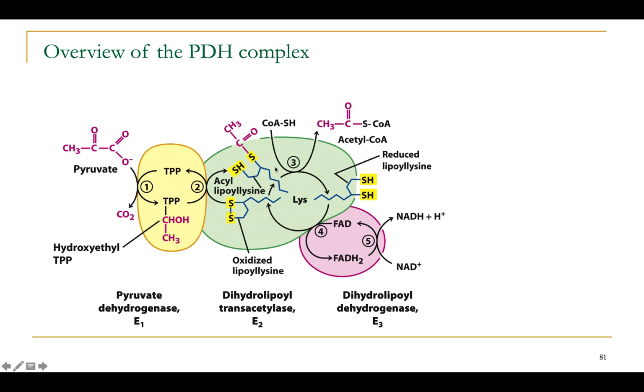Then this semi-reduced lipoyllysine intermediate, esterified with the acyl group, is used to transfer the acyl group to coenzyme A in a process called transesterification, and this way acetyl-CoA as a final product is generated, and concomitantly the fully reduced form of lipoyllysine is formed.